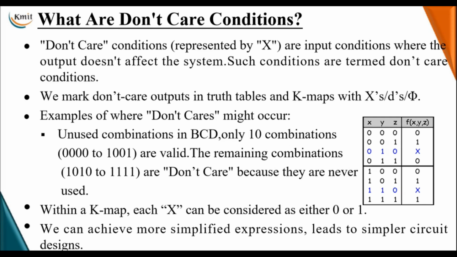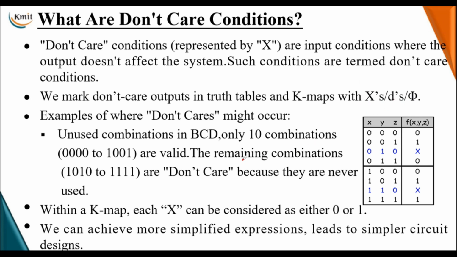For such combinations, the functional values are not specified, and these are denoted in your truth table or in your K-map with a letter X or with a letter D or with a phi symbol. So these are the symbols we are going to use. It can be represented with X's, D's or phi.